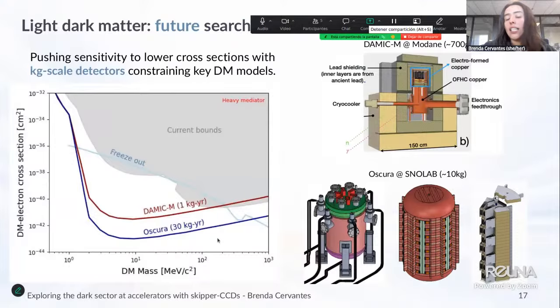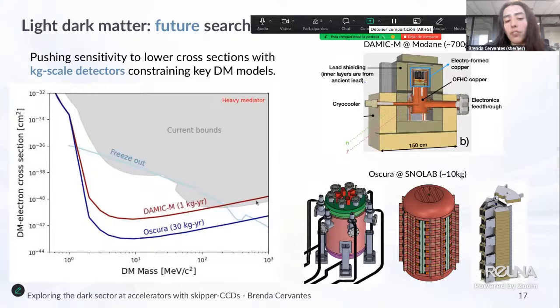So as I said, this light dark matter search program with skippers has been very successful, and so there are future efforts, some of them happening right now, like DAMIC-M at Modane, reaching about 700 grams of these detectors. The effort right now is to push sensitivity by increasing mass. When you increase mass, you push your boundaries down to lower dark matter electron cross sections.